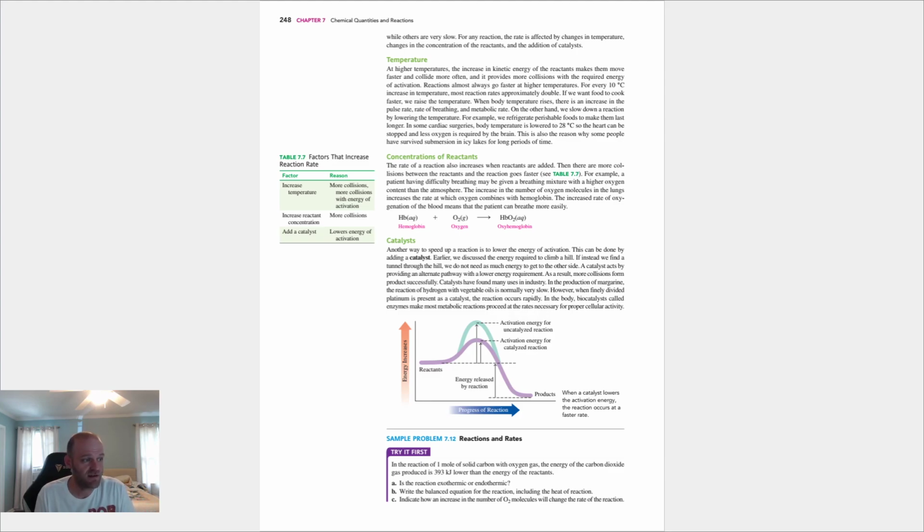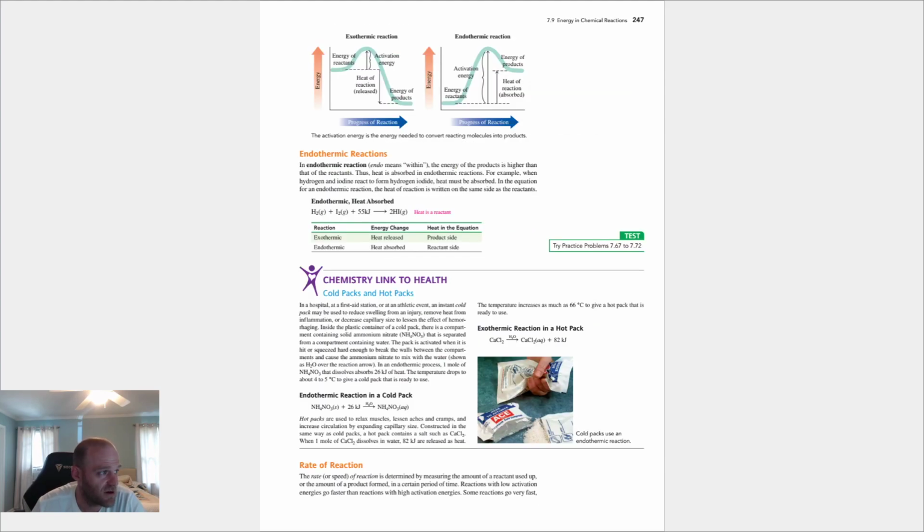All of a sudden, I didn't have to heat it up to 120 degrees, just 20 degrees instead, and my reaction started occurring. That happens because the catalyst lowers the activation energy and allows me to get over that hump quicker. The illustrations are really good here for thinking about how the energy cycle works in these reactions.